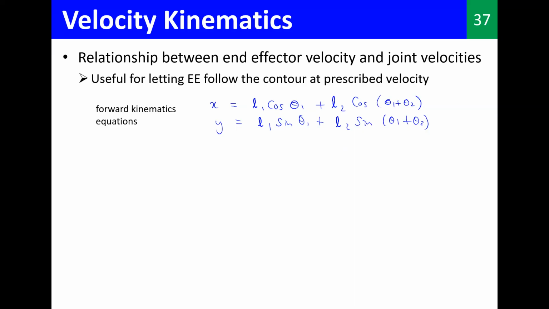So can we have a mapping between the tool velocity and the motor velocities? That is also important. These are the forward kinematic equations that you learned before, where we derived x equals L1 cos theta and so on.